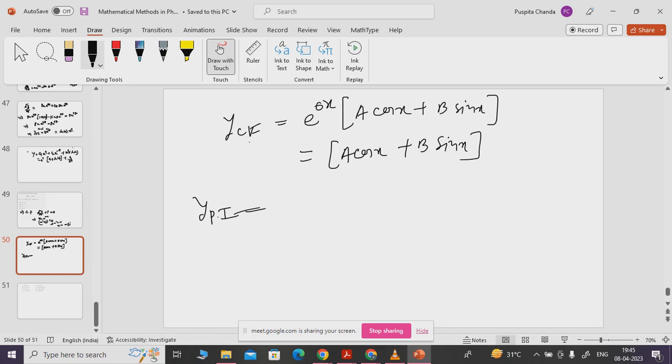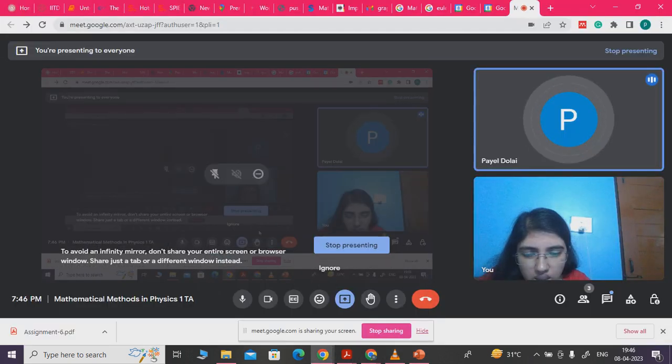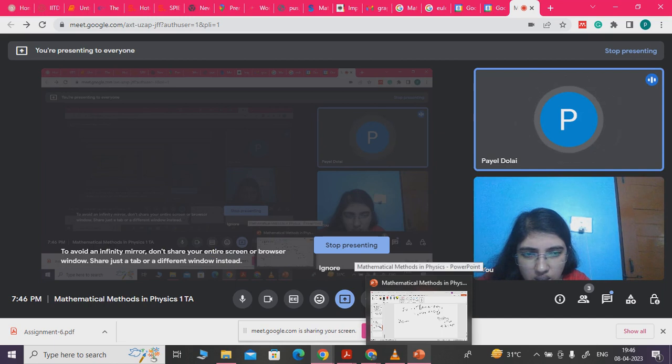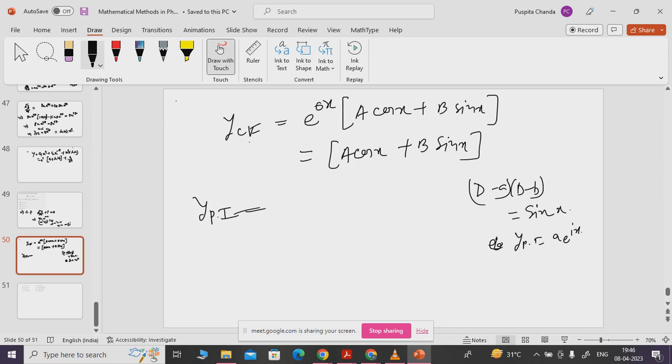For the particular integral, we know that when the right side is sin x, we can assume y_p as a e^(ix). Why did I write e^(0x)?